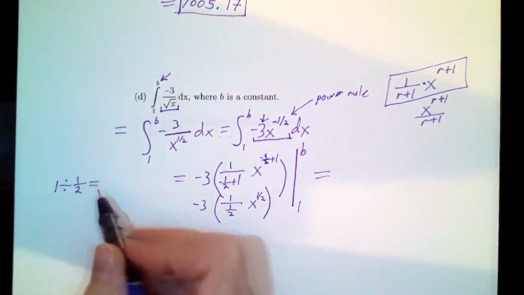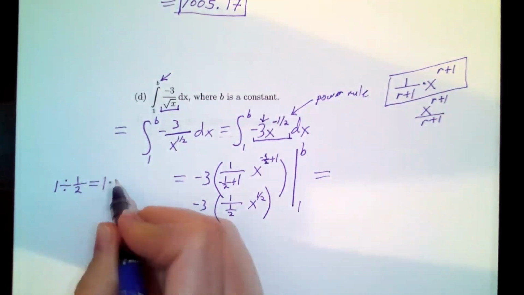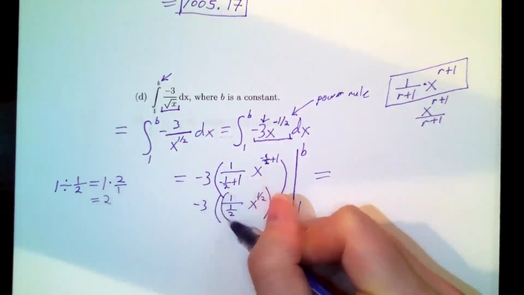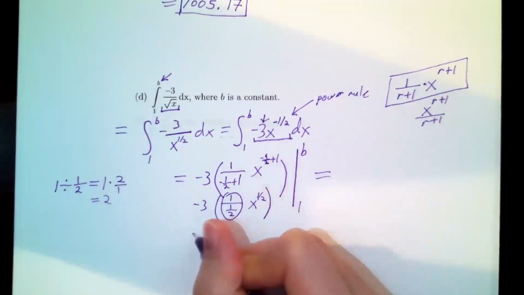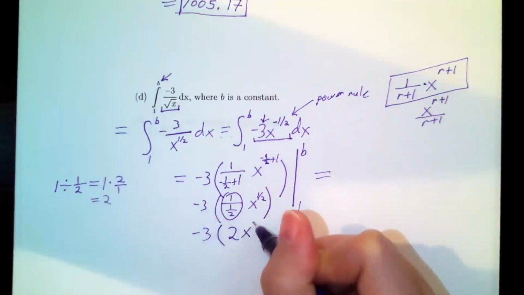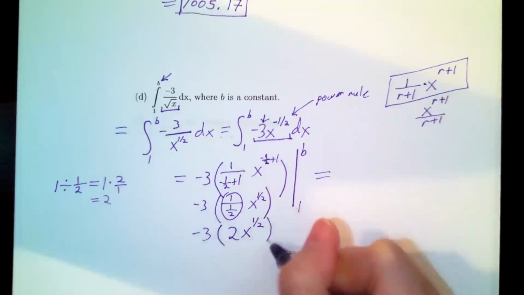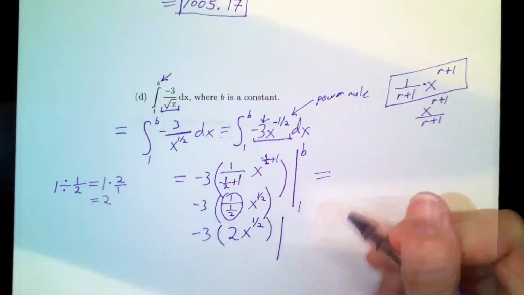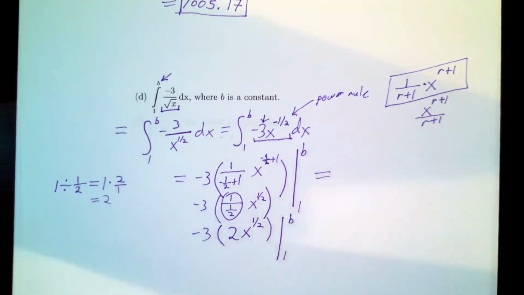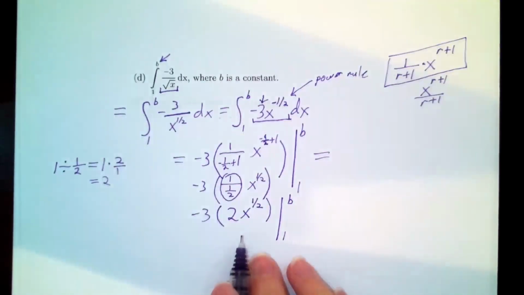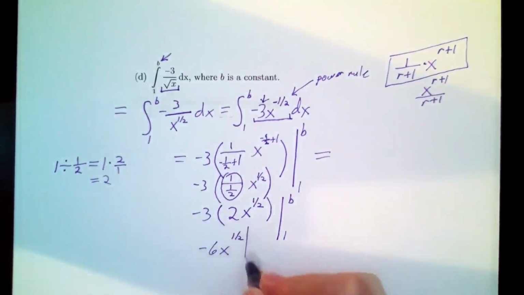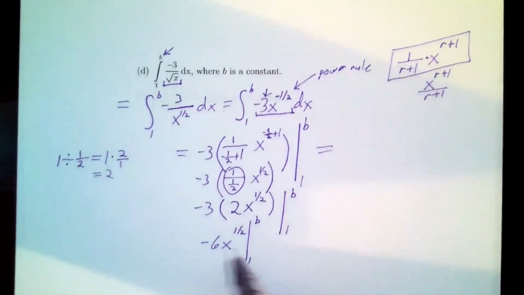If you multiply by the reciprocal, this is the same as 1 times 2 over 1, which is 2. So this whole bit becomes the value 2. It's algebraically equivalent. We have 2x to the 1/2 in here, and this is all still to be evaluated from 1 to b. Now this becomes -3 times 2, -6x to the 1/2. So now this looks a little nicer.